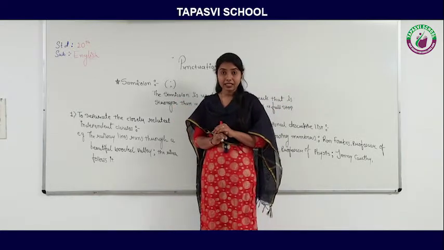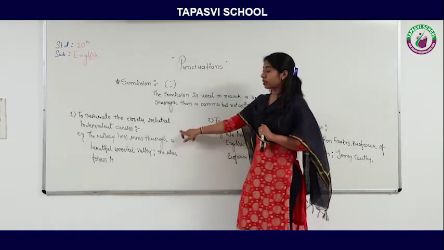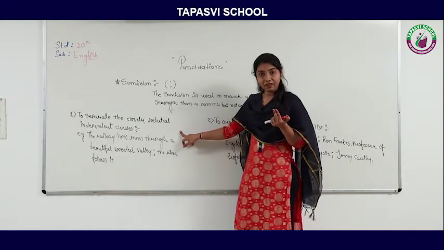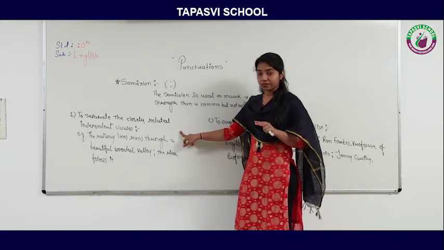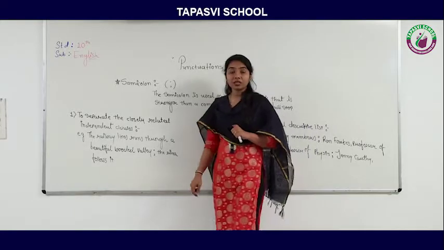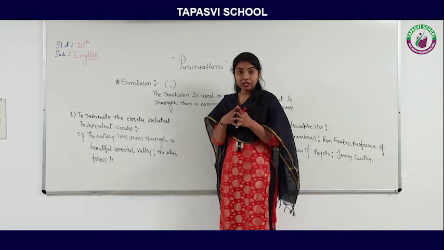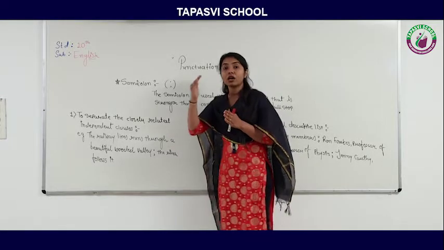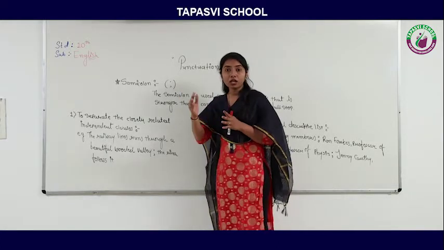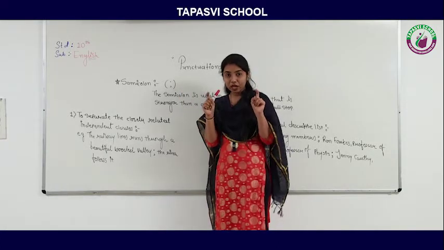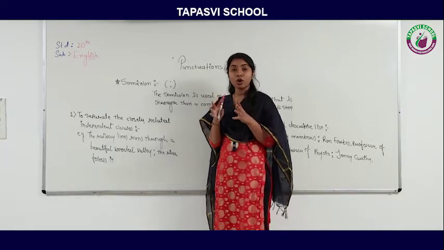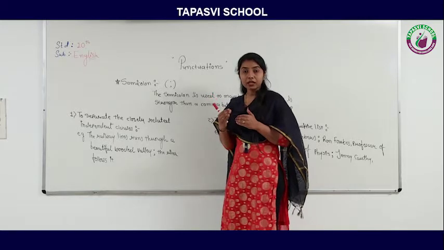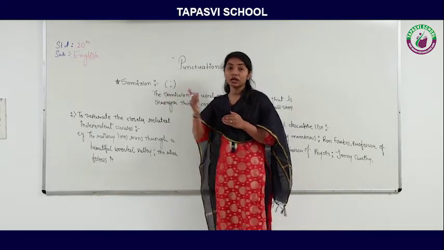An independent clause can be a sentence, because it has subject, verb and object. A dependent clause has to depend on another clause for its complete meaning, because that particular phrase or clause does not have its own meaning.